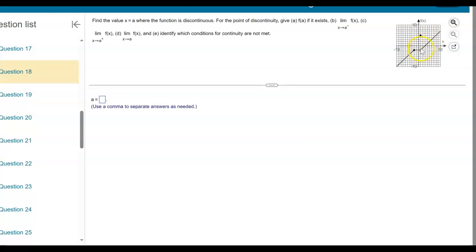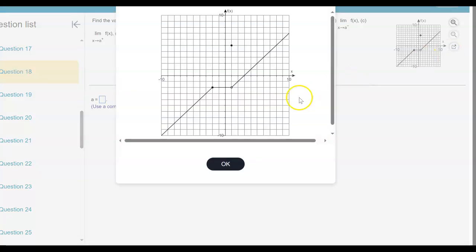So that means that by just looking at the graph here by inspection, we know that the function is discontinuous at this point here. And what is that point? Okay, so this point is x equals 1. So it's discontinuous at x equals 1.